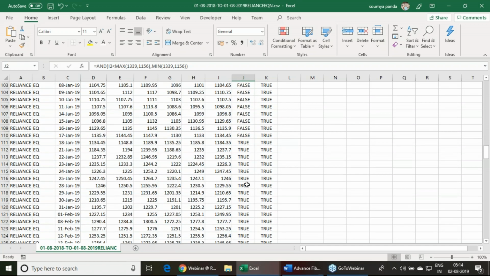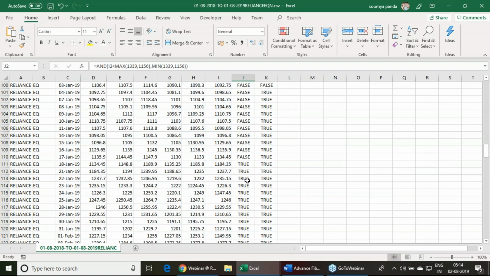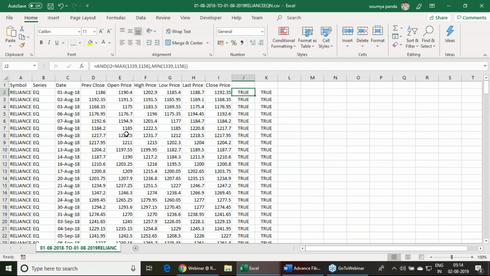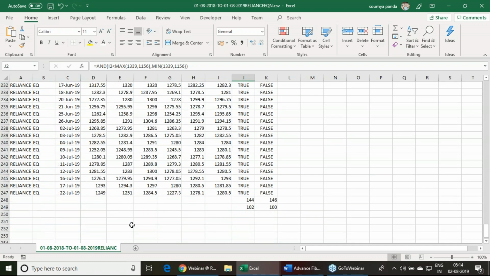This particular study says that out of the entire data from 1st August 2018 to July 22nd, I have taken 246 days of data for my backtesting.